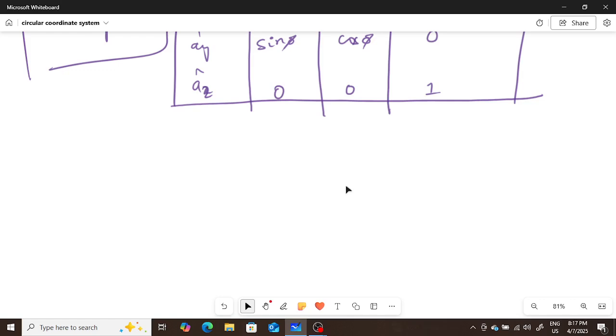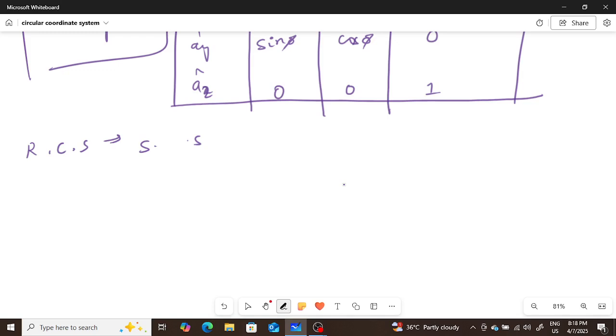The next table is to convert the Cartesian coordinate system vector into the spherical coordinate system.